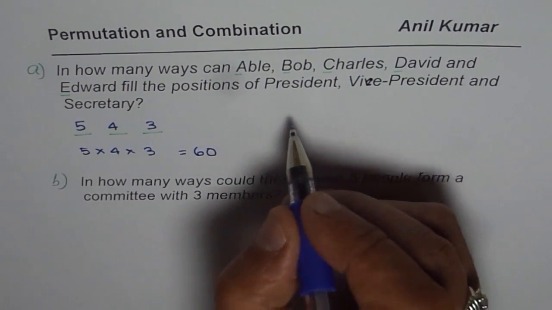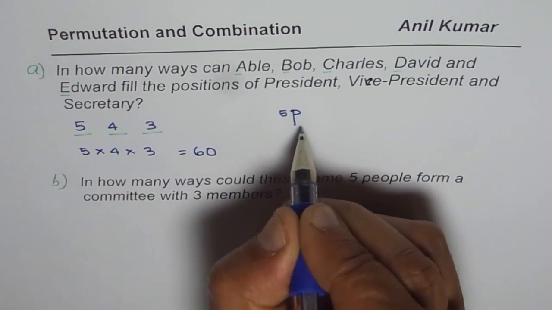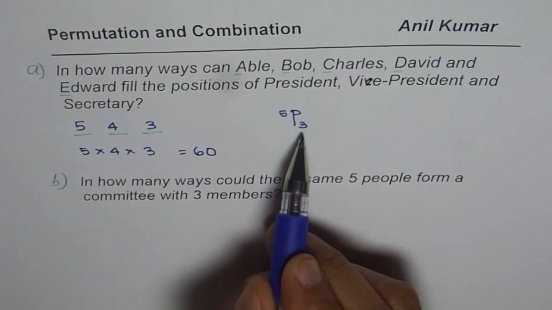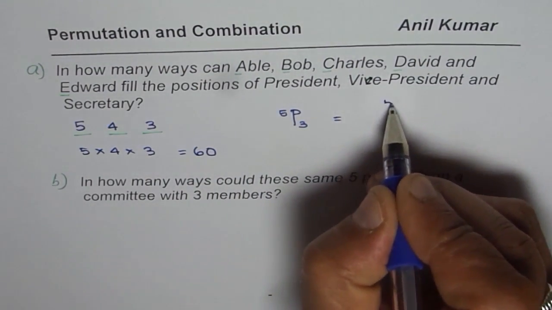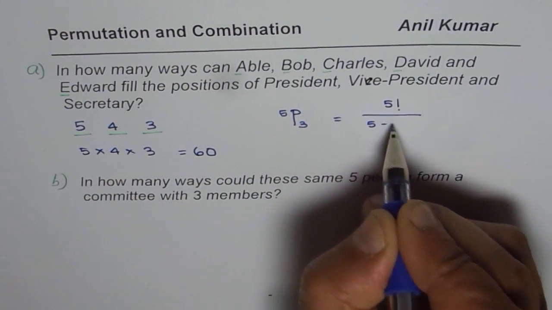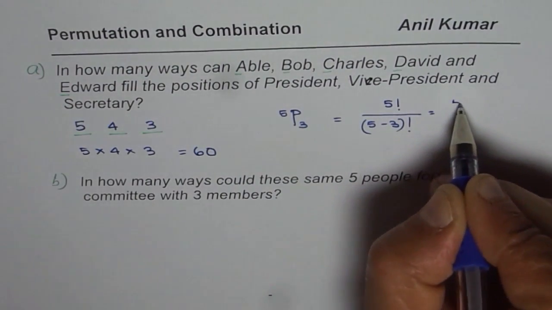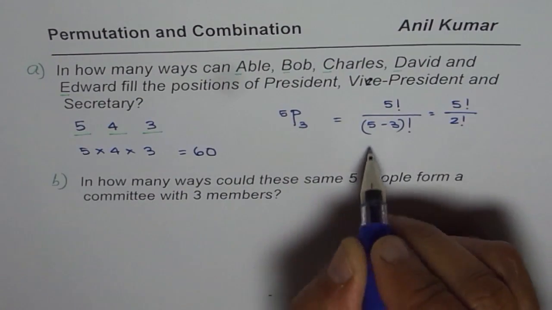We could also find this using 5P3, since there are 5 persons to fill 3 positions. Now 5P3 is equal to 5 factorial divided by (5 minus 3) factorial. That is 5 factorial divided by 2 factorial, right?